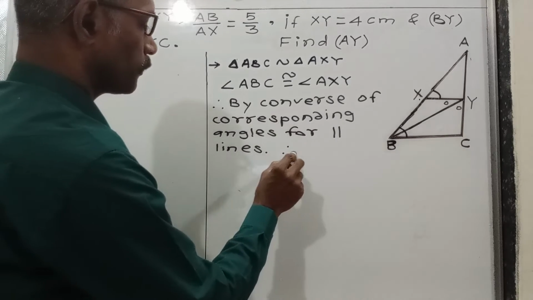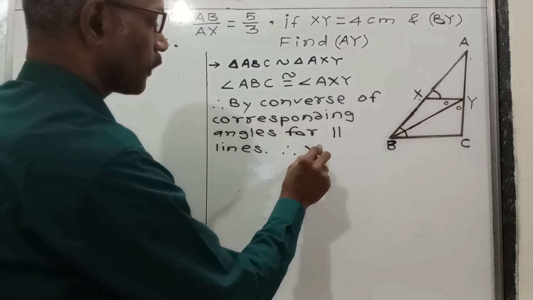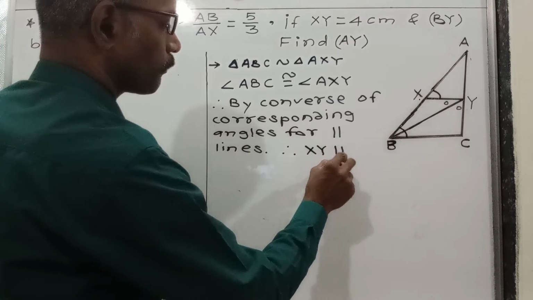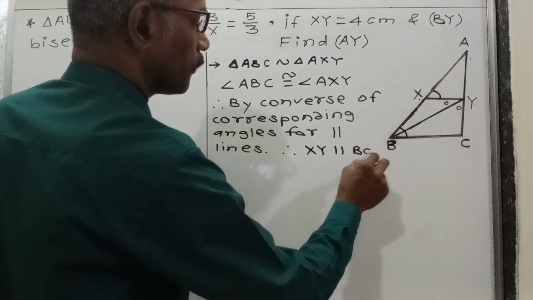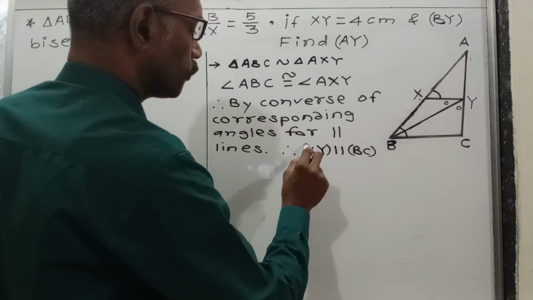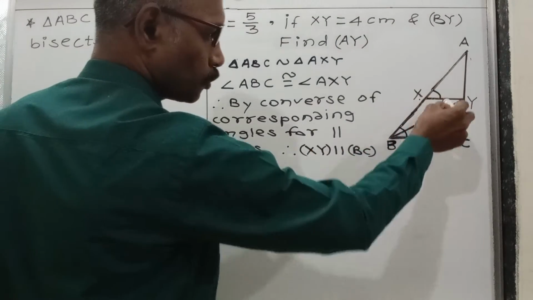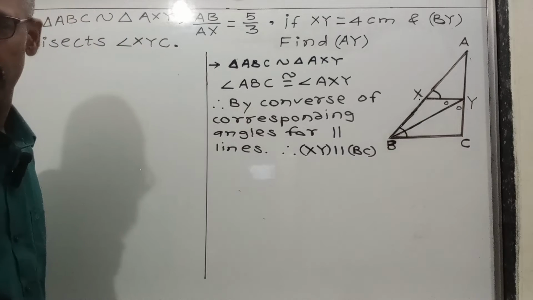Therefore we write here XY parallel BC. Did you get it? Now these two are parallel.